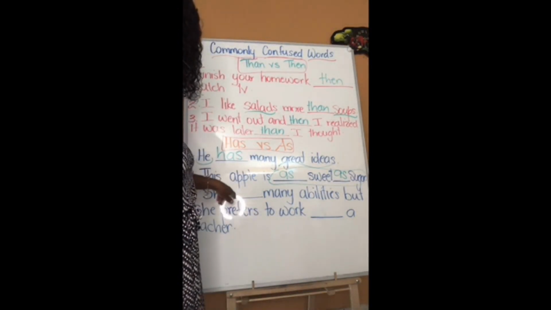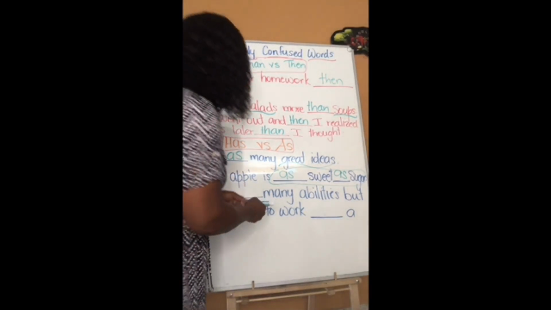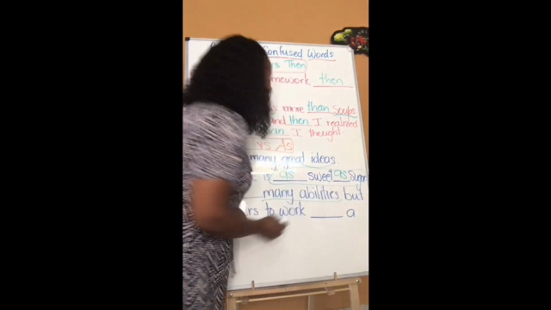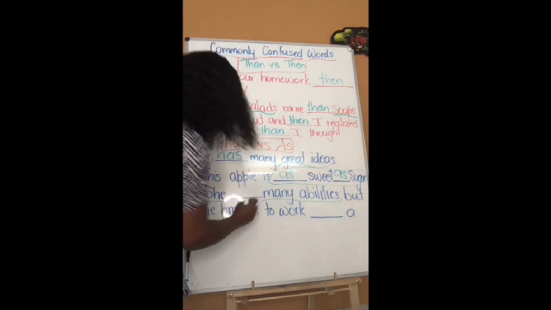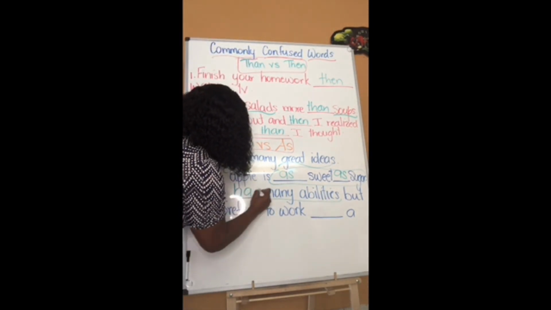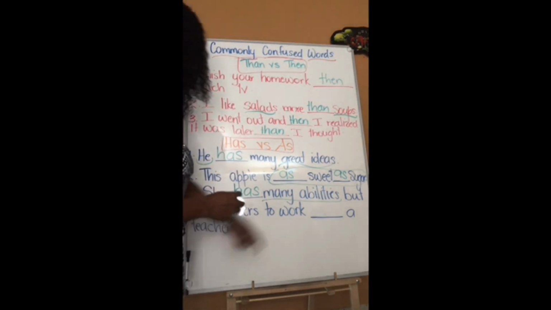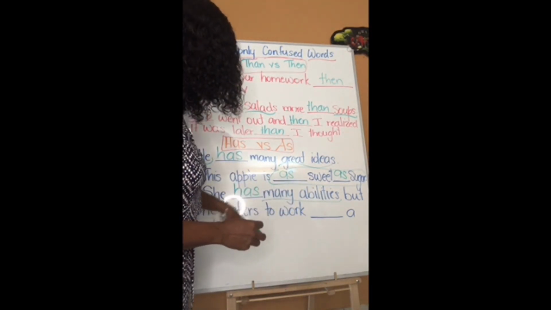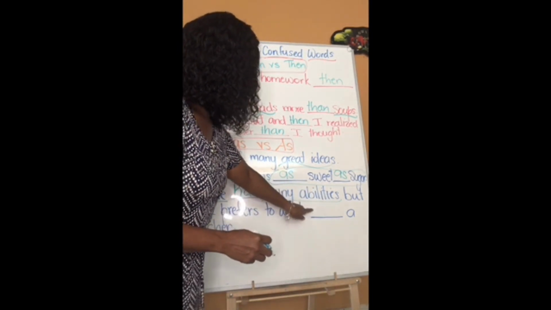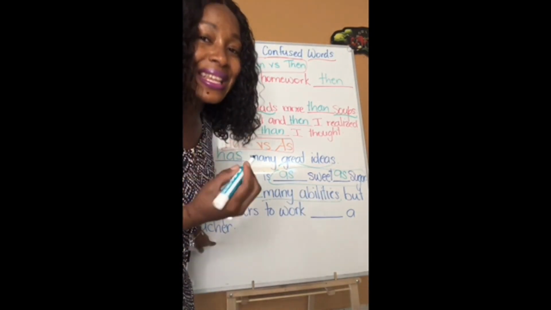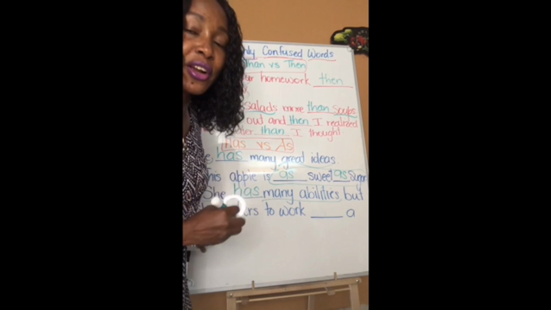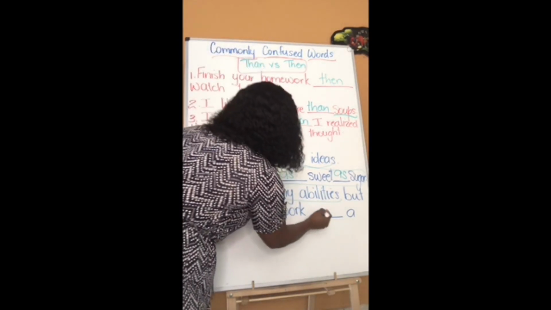She has many abilities. All those abilities belong to her. She has them. But she prefers to work has or as a teacher. She doesn't has. The teacher doesn't belong to her. She works as.